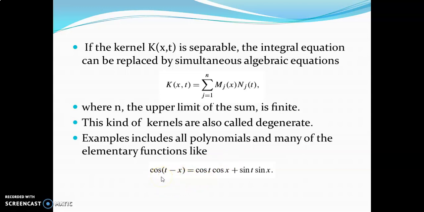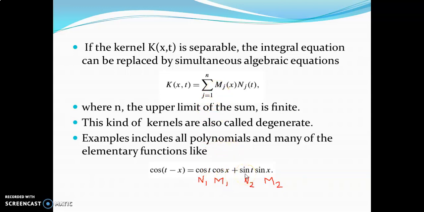Cos(t minus x) can be written as cos t cos x plus sin t sin x. Cos t is the function of t in the first term, so it is written as n1 of t, and cos x is the function of x in the first term, so it can be written as m1 of x.